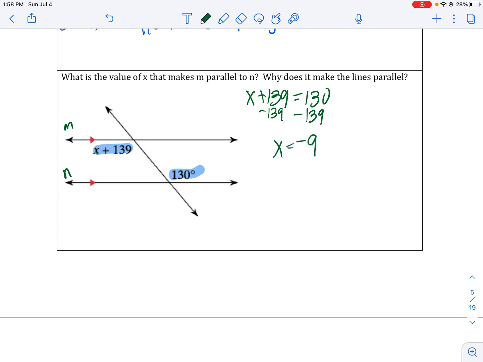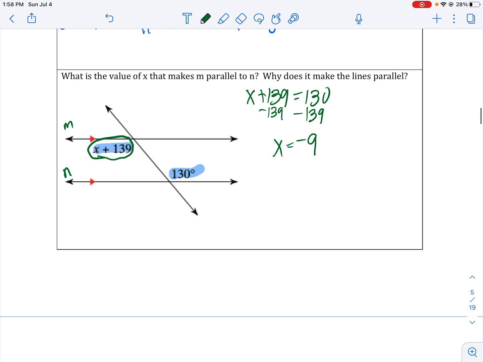I get x equals -9. X can be a negative number. We can't have a negative angle, but x does not represent the entire angle. X is part of the expression that represents the angle. That is okay to be negative. So in this case, x equals -9. Why does it make it parallel? Because then our alternate interior angles are going to be equal in measure.